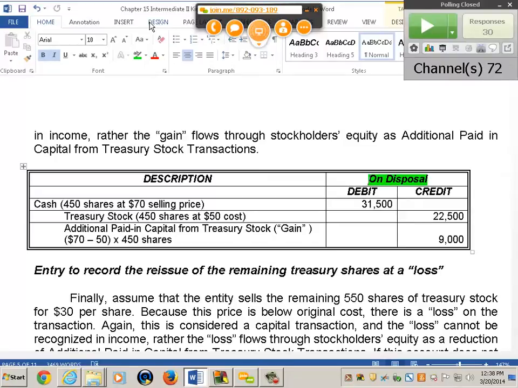So at this point, after that entry is made, this was a reduction of $22.5. So now the balance here at this point is $27.5, and you have 9,000 in paid-in capital. The gain cannot go into retained earnings. That's the key. You can't create retained earnings in this case.